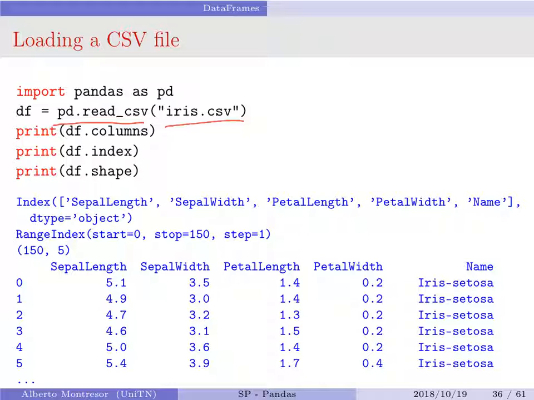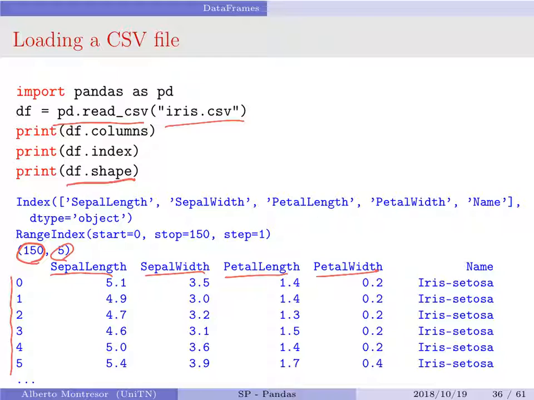The idea is that you get sepal length, sepal width, petal length, petal width as labels of the columns, and then you have several elements, between 0 and 150, because I'm printing the shape and there are 150 rows and 5 columns.